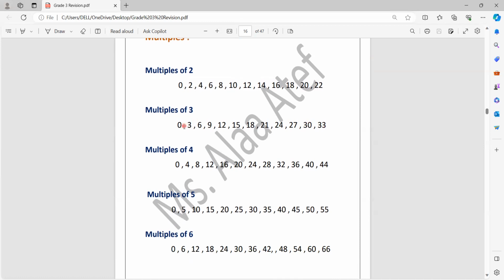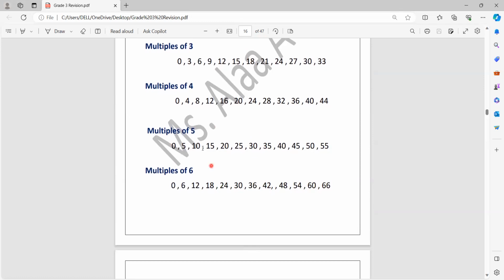So they are called multiples of 3. What about multiples of 4? Can you remember timetable 4? Yes, we have 0, 4, 8, 12, 16, 20, 24, 28, 32, 36, and 40.